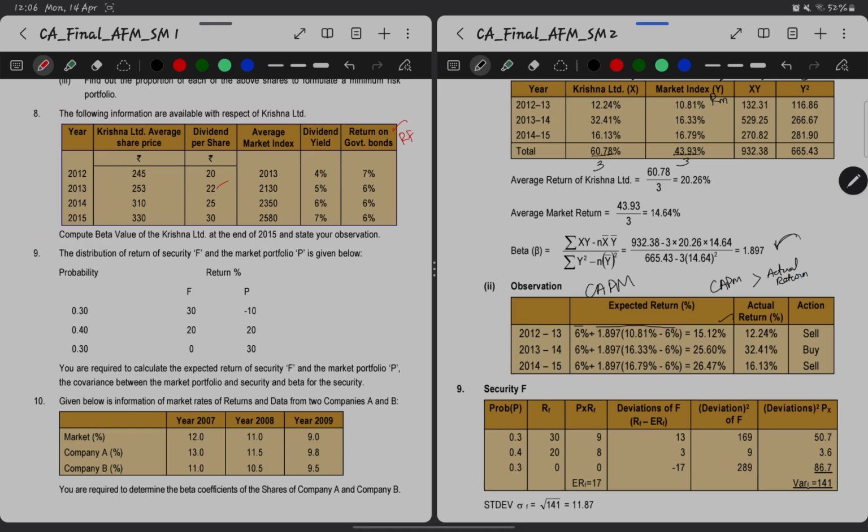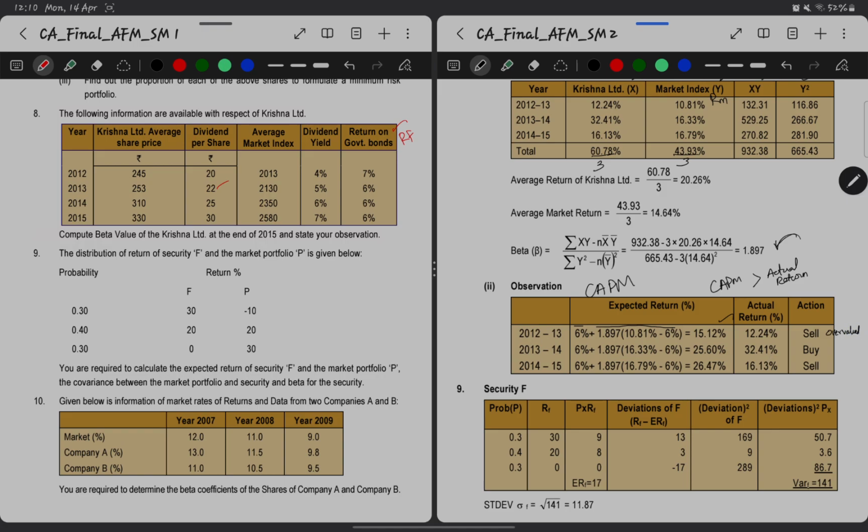Hence the stock is overvalued, because if the actual return is less than the CAPM required return, then we are earning less than the risk we are taking based on the CAPM approach, right? So since the stock is overvalued, the decision is to sell.